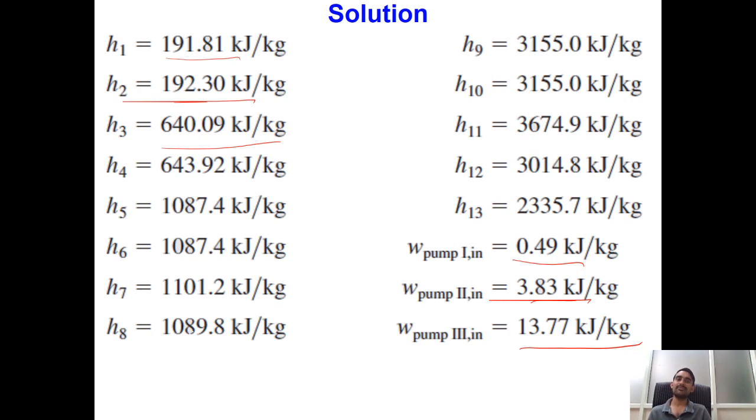All these values can be easily obtained from the steam tables if we know how to properly use them. I am considering at this stage that you have sufficient knowledge of using the steam tables, and you will be able to calculate how we have determined all these enthalpies.